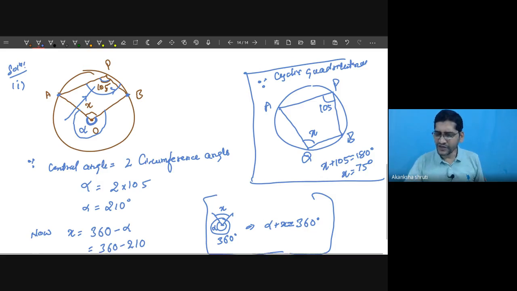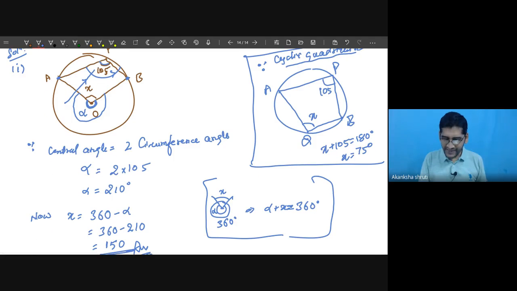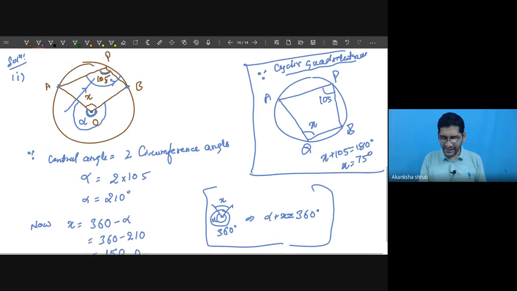For the cyclic quadrilateral, the 4 points should be on the circumference. But if one of the points is the center and the other 3 are on the circumference, then we need to apply the concept of angle at the center and angle at the circumference, that relation.